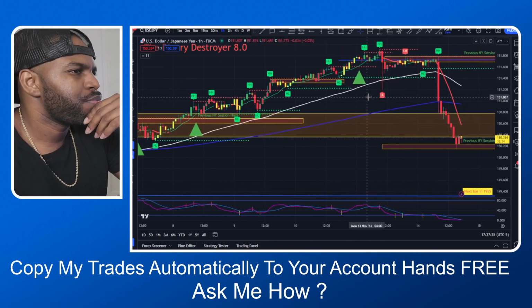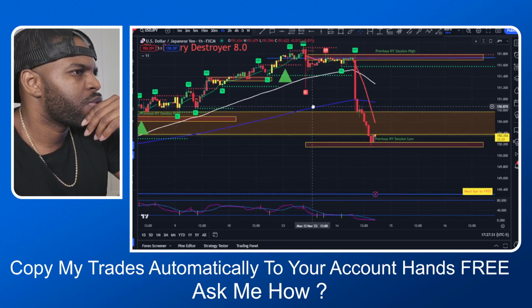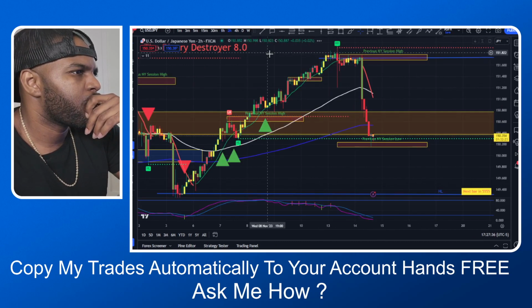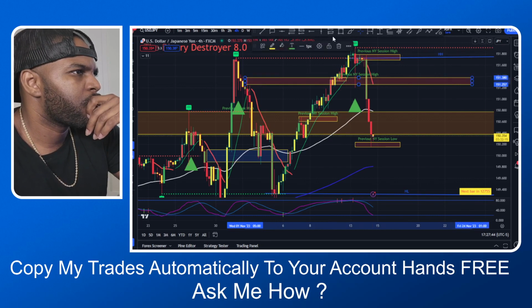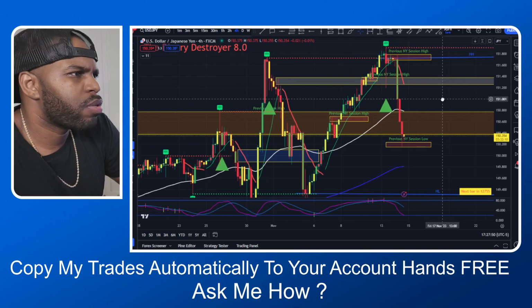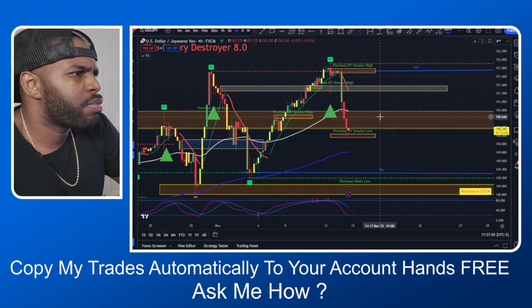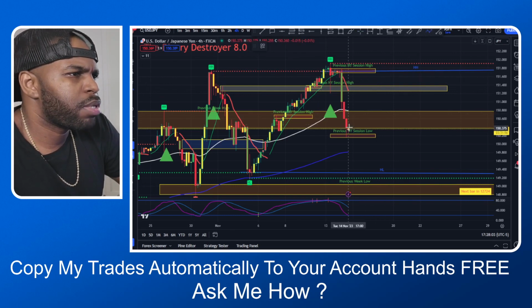Let me see. Maybe price can come back up a little bit. I have a zone up here too. That's a previous US session high zone right there. So what could happen? Possibility. Price could come back up into the zone here. So it's a possibility.